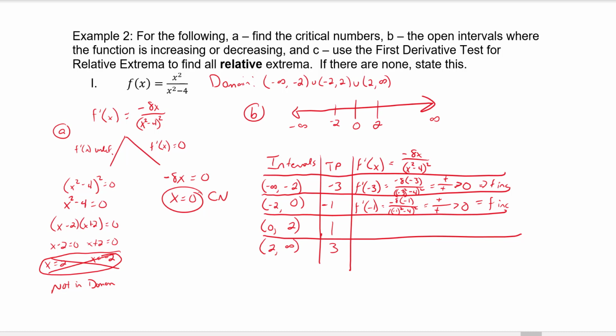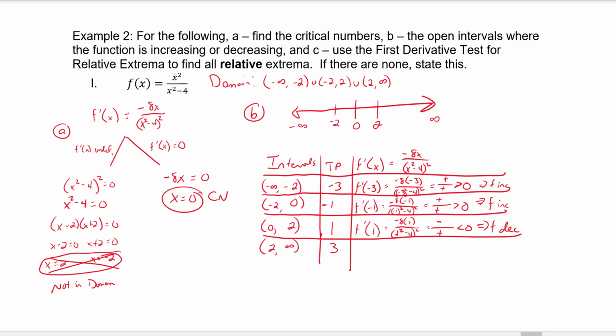On the interval 0 to 2, we picked x equals 1 for our test point. F prime of 1 is negative 8 times 1 over 1 squared minus 4 quantity squared. Negative 8 times 1 is negative, and the bottom is still something squared, positive. So now we are less than 0, which means f is decreasing.